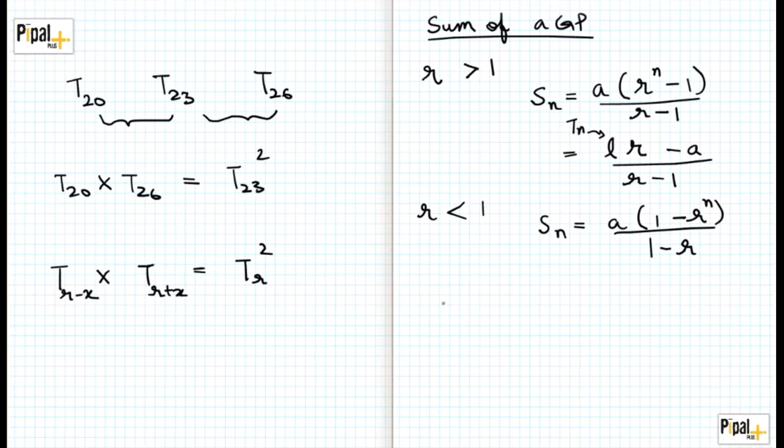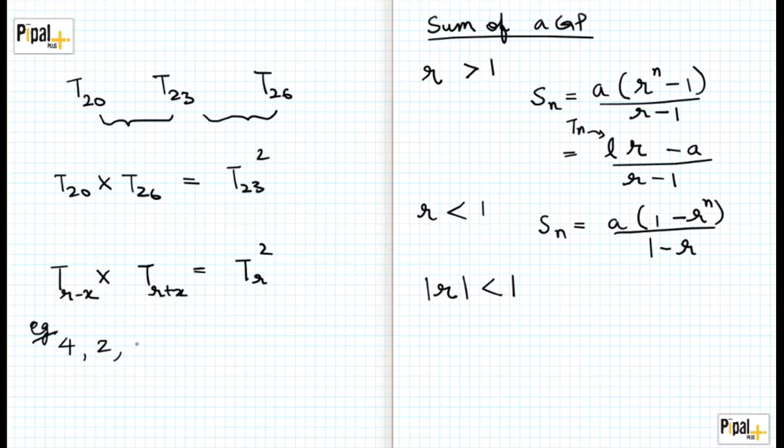Now sometimes the magnitude of R is less than 1. For example, let's take this series. Let's say we start with 4, so A is 4. Let's say the common ratio is half. So 4, the next term is going to be half of 4, which is 2.